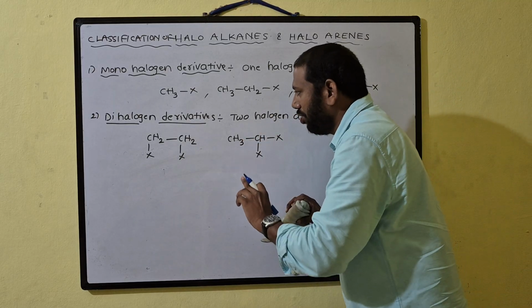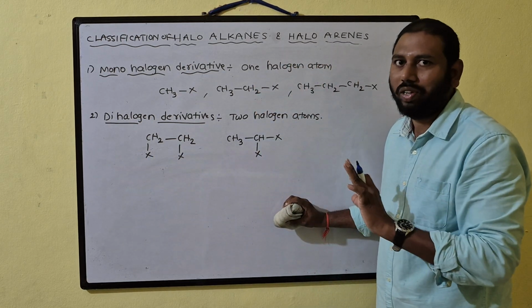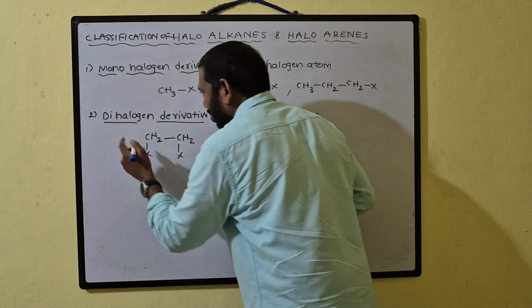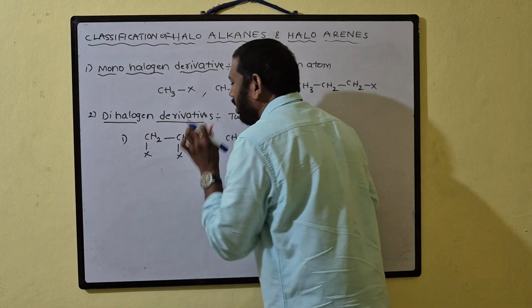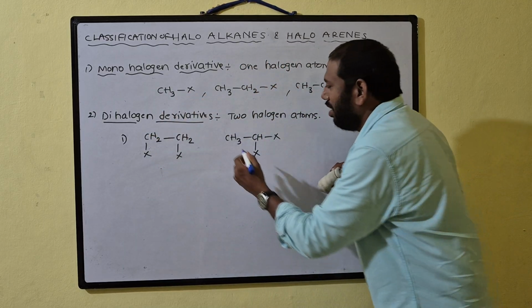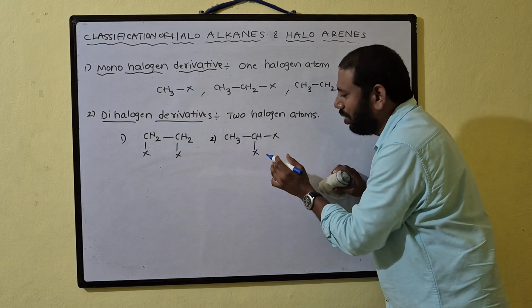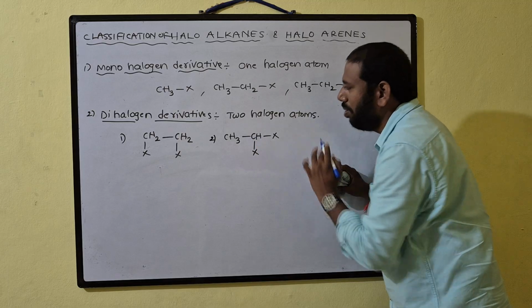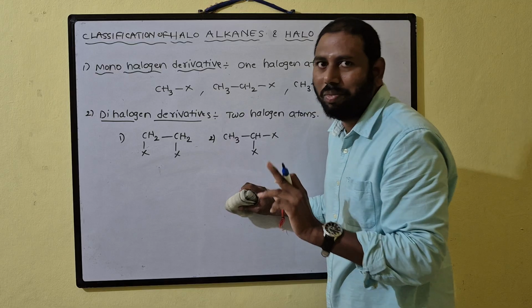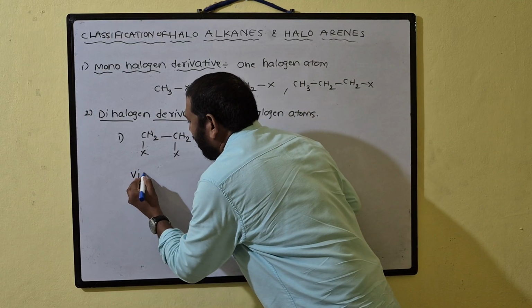In dihalogen derivatives, the two halogen atoms can be arranged in two ways. In the first way, the two halogen atoms are on adjacent carbons. In the second way, the two halogen atoms are on the same carbon. If the two halogen atoms are on adjacent carbons, it has a name, vicinal dihalide.